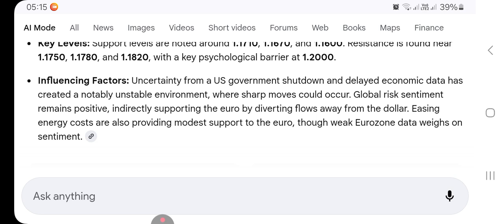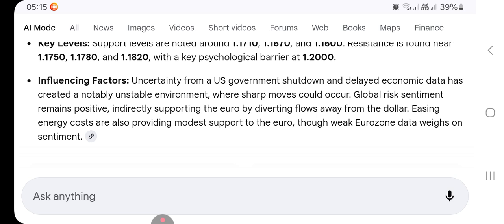Looking at the influencing factors, the US government shutdown and delayed economic data have created a notably unstable environment where sharp moves could occur.